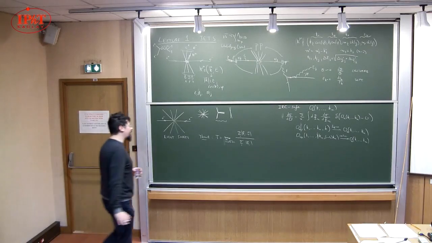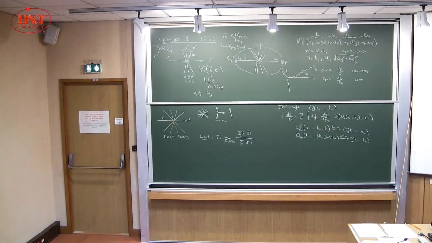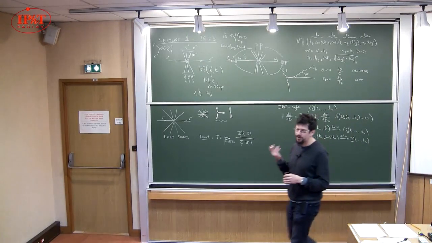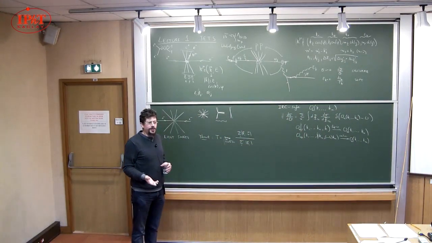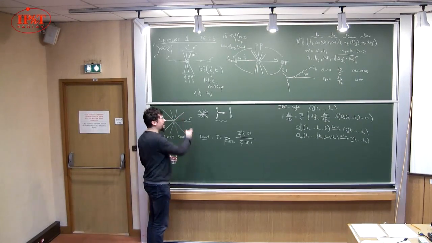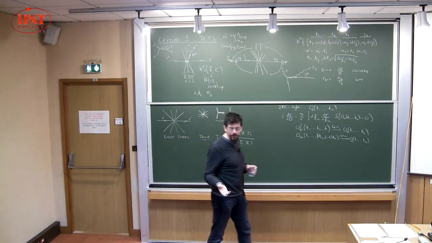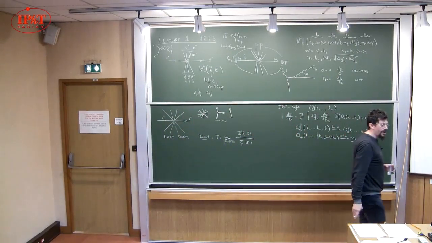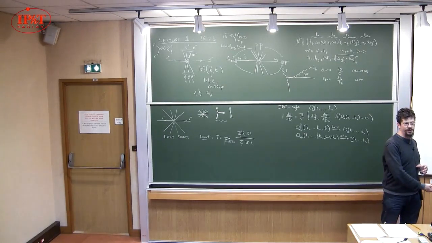A very typical example of something which is not infrared safe is the number of particles in the final state. All right? Imagine you want to calculate the number of particles in the final state in QCD. You start with e+ e- to q qbar. How many particles? 2. Then e+ e- to q qbar gluon. That's my first alpha_s correction. The real correction is going to have 3 particles. The virtual correction is going to have 2 particles.